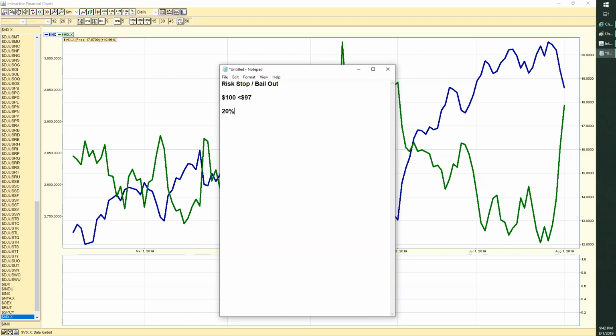For the position you're thinking about getting into, you'll want to determine the actual loss that you could be exposing yourself to. So say, for instance, we exposed ourselves to 20% loss. Now you have to decide how much of your portfolio you can put into that trade.